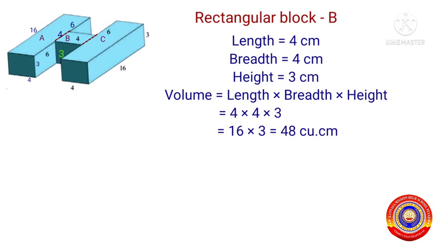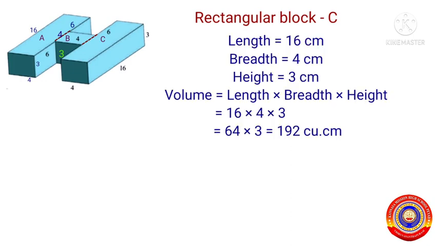In block B, the length is 4 centimeters, breadth is 4 centimeters and height is 3 centimeters. Therefore, the volume is 4 into 4 into 3, which is 16 into 3, equal to 48 cubic centimeters.